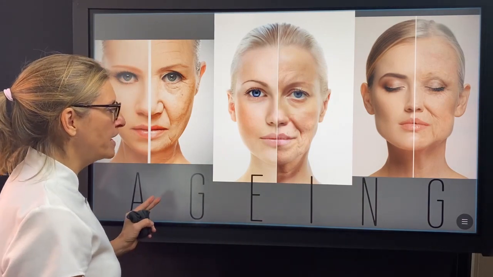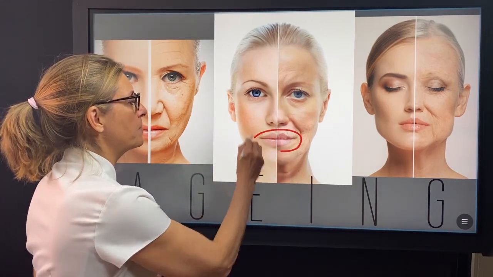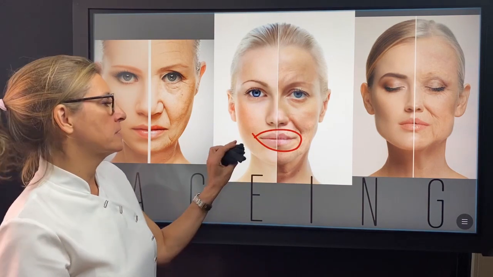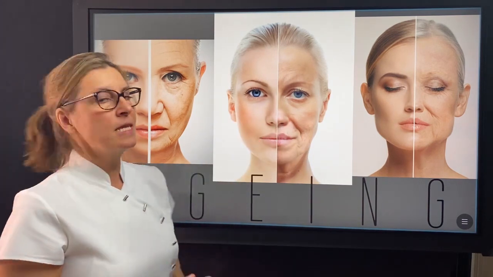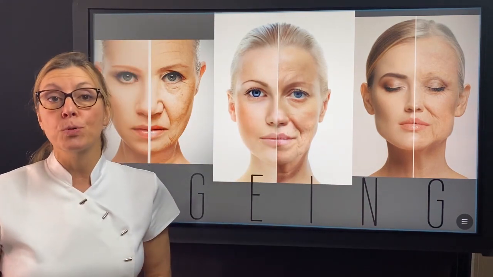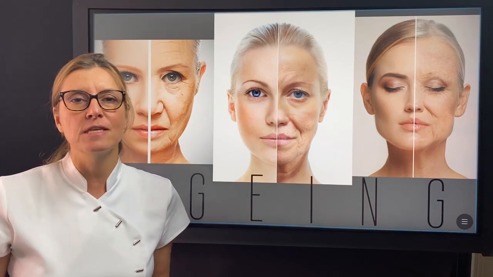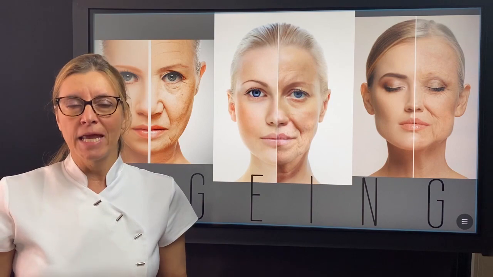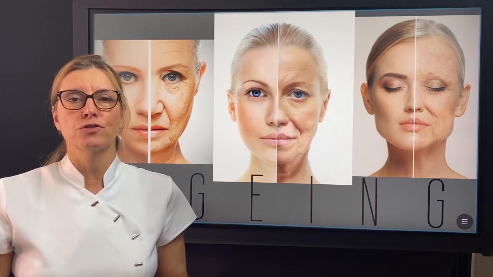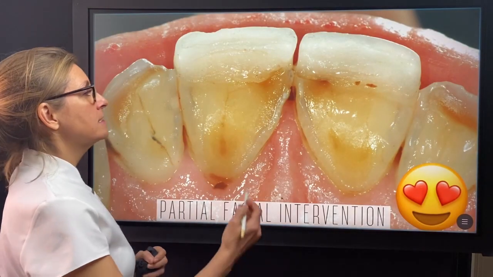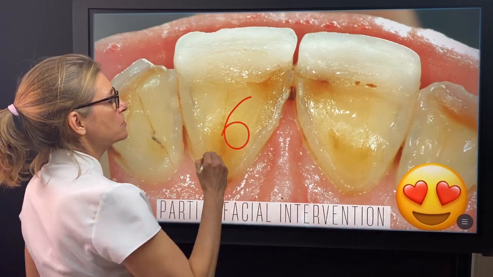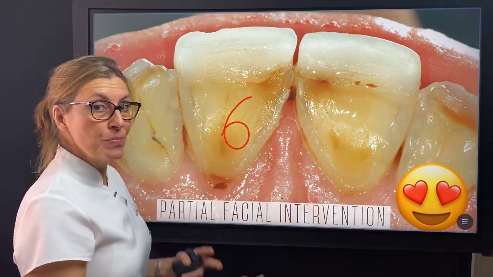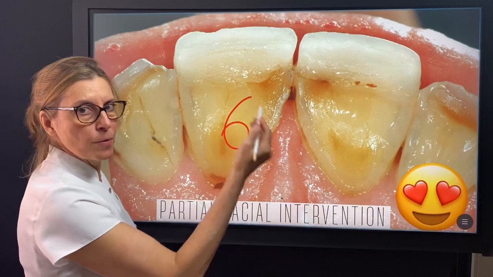Nobody wants to age, and so the teeth, the mouth, is part of this project. Many people with a broken incisal edge are receiving beautiful reconstruction. Unfortunately, many of them are just reconstruction. What I mean is that the dentist is just doing a six-teeth repair in a different way.